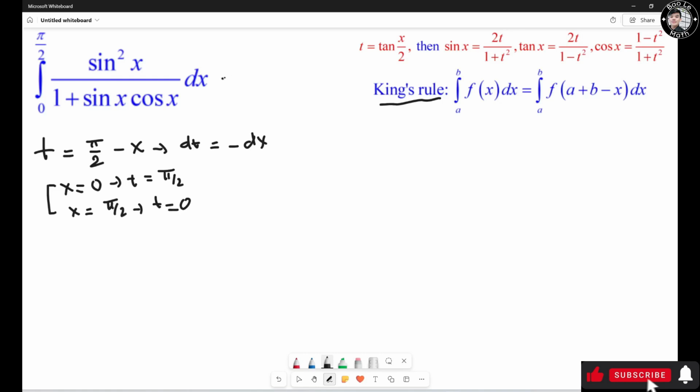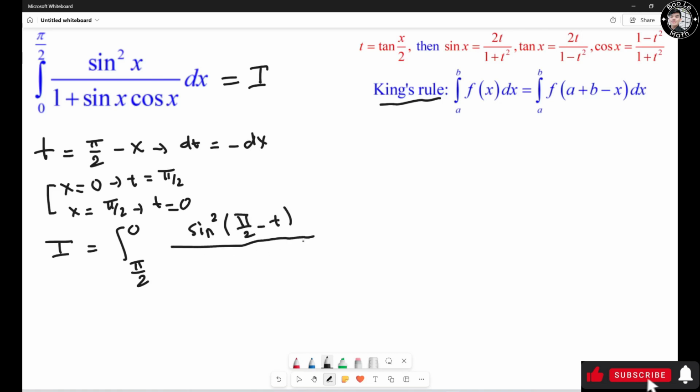I'm going to call this integral I. So I equals the integral from pi over 2 to 0 of sine squared of pi over 2 minus t over 1 plus sine of pi over 2 minus t times cosine of pi over 2 minus t, dt, and I put the negative sign in the front.